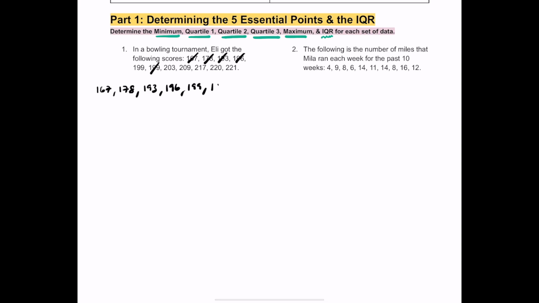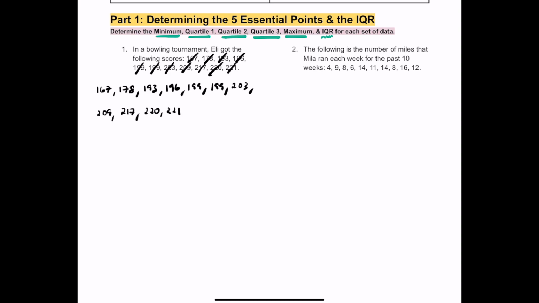I think there's two 199s. 203. 209, 217, oops, 220, and then 221. So I think that's all of them. Let's see, there were 1, 2, 3, 4, 5, 6, 7, 8, 9, 10, 11 numbers to begin with, and I have 11 numbers now.